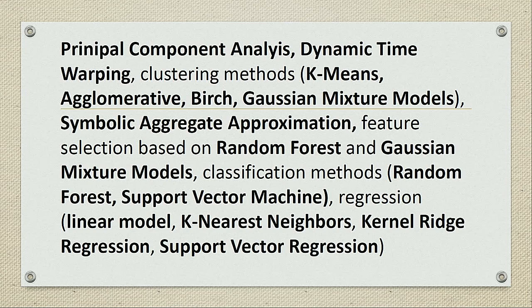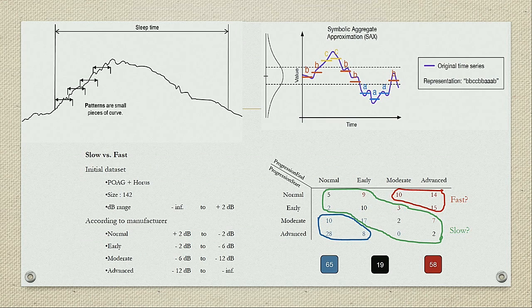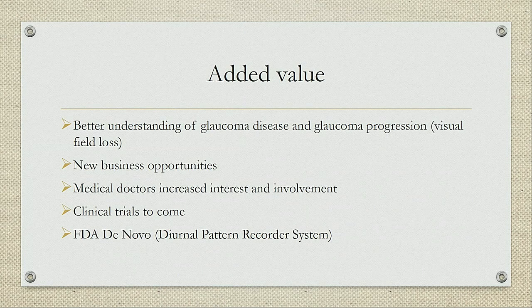Here we see a list of some keywords of the methods that we applied. I'm sure most of you know most of these methods, like dynamic time warping, support vector machines, etc. One important thing was, of course, to develop these methods, but most important for this kind of disease was to understand exactly what glaucoma means and what progression of the disease actually means, and how we can cluster the people into different progressions of the disease, whether it is a fast progression or slow progression.